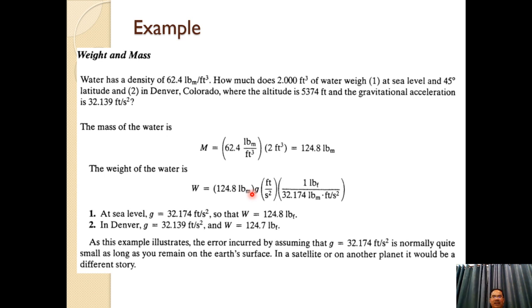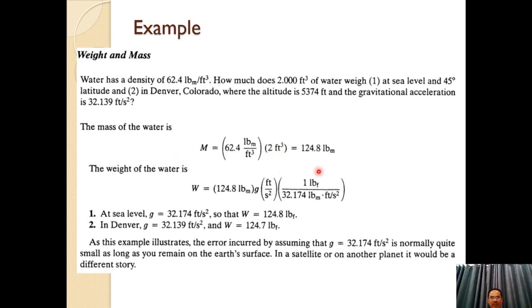The first step: we know the density, but we don't know the mass of water, so you have to calculate it. The mass of water equals density multiplied by the volume of water. We know the density of water is 62.4 pound mass per cubic feet, and the volume is 2 cubic feet.